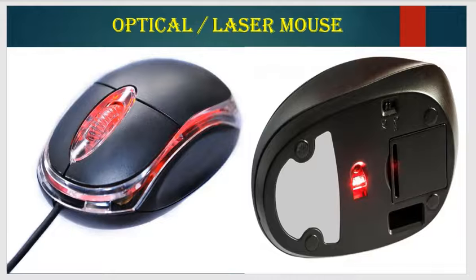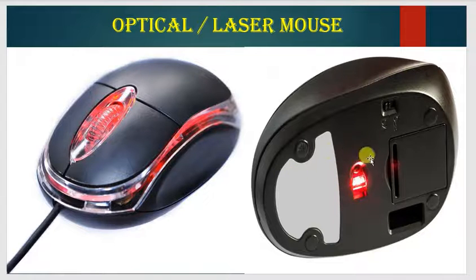So the first one is what we call the optical mouse. This type of mouse has a laser. The laser is just a light, as we can see below this one, and it helps in the movement of the cursor on the screen.